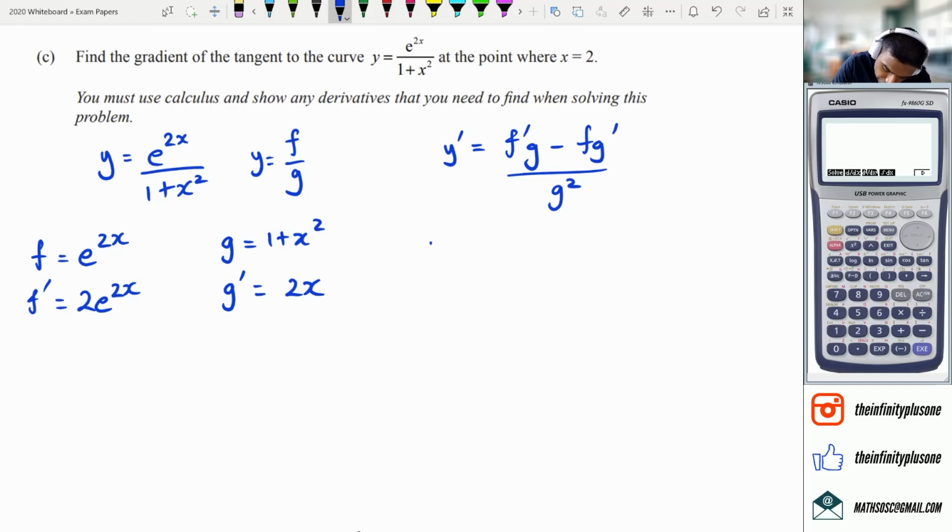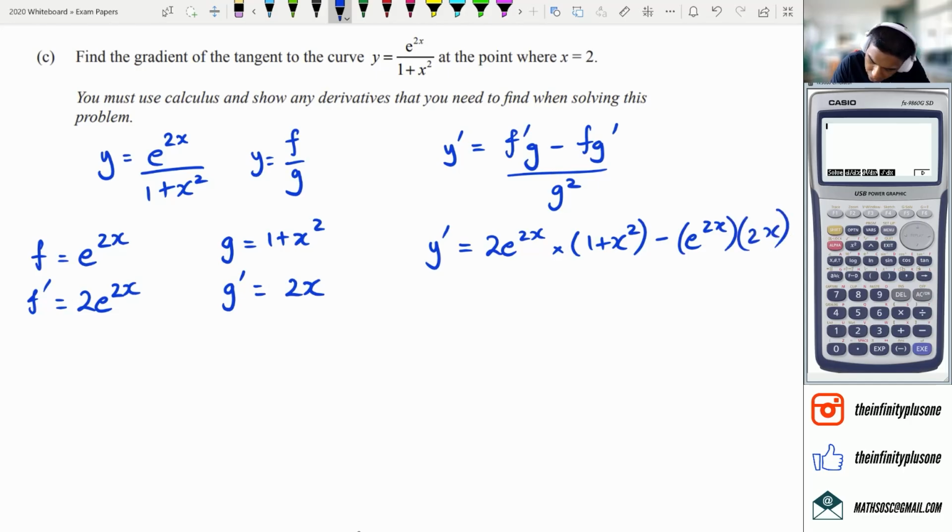Y dash is equal to f dash, which is 2e to the 2x, multiplied by g, 1 plus x squared, minus f, which is e to the power of 2x, multiplied by g dash, which is 2x. And all of this is over (1 plus x squared) squared.